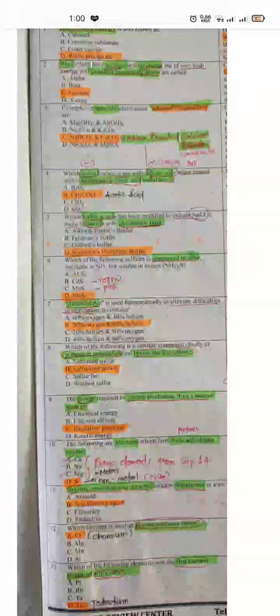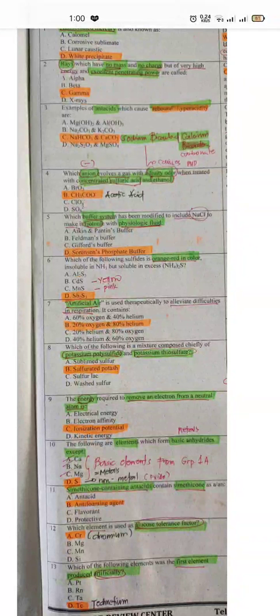Okay. Number 7, artificial air is used therapeutically to alleviate difficulties in respiration. It contains your 20% of oxygen and 80% of helium. So, the specific gravity is 1/3 that of the air or oxygen.